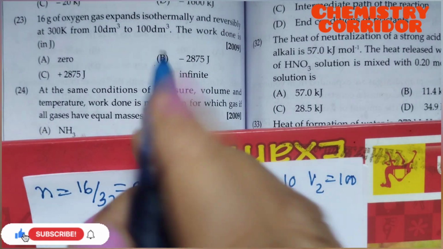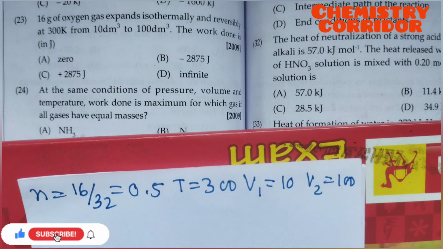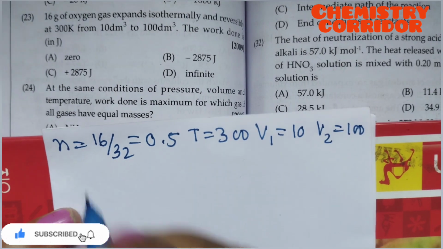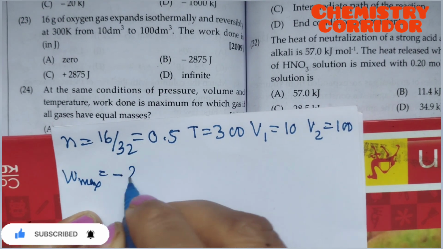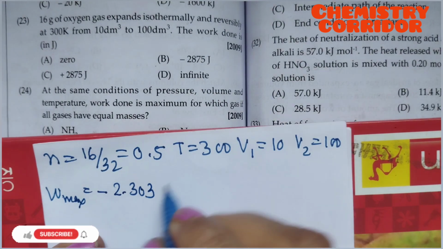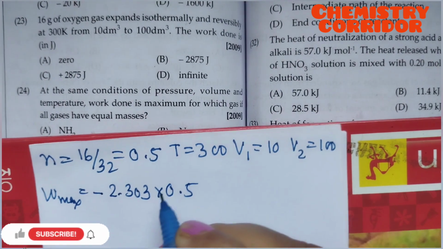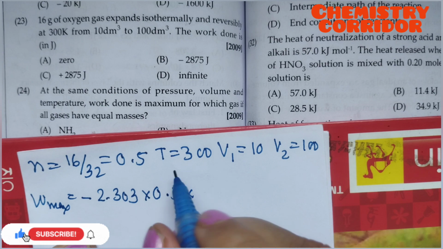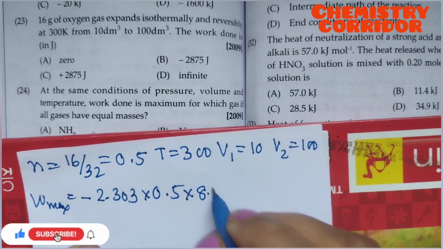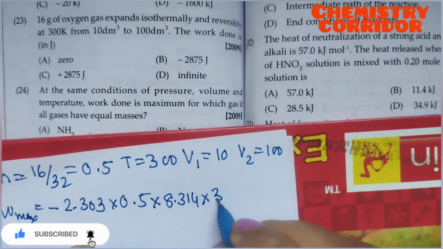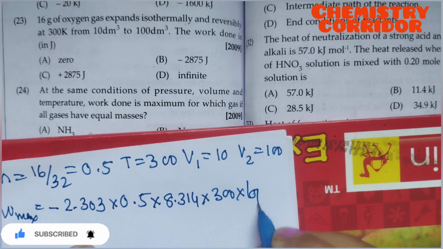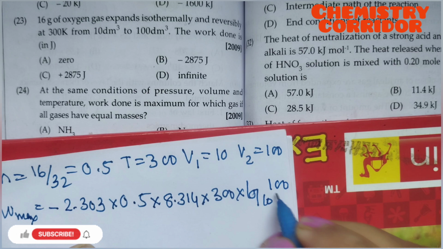So here they have given isothermally and reversibly, so the equation will be of W max. So W max is equal to minus 2.303 n, I will substitute 0.5, R. Now if you see the values, R will be 8.314 multiplied by 300, that is temperature, multiplied by log to the base 10 of V2 by V1.